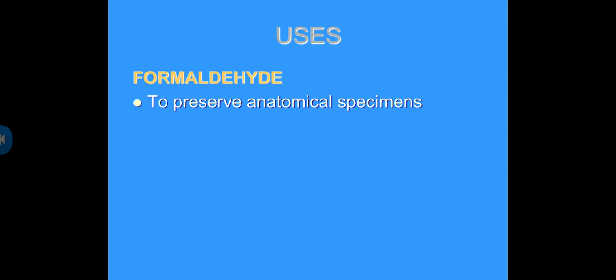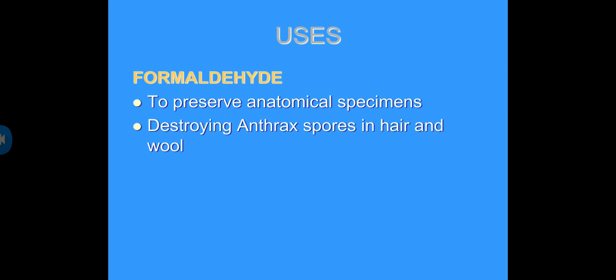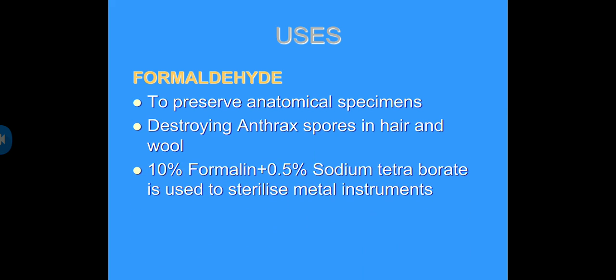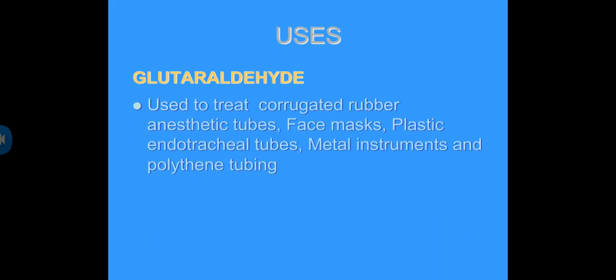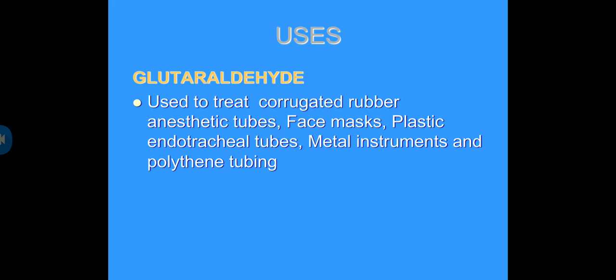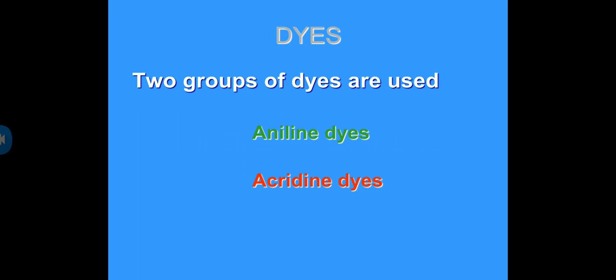Formaldehyde is used to preserve anatomical specimens and to destroy anthrax spores in hair and wool. 10% formalin plus 0.5% sodium tetraborate is used to sterilize metal instruments. It's used to treat corrugated rubber, anesthetic tubes, face masks, plastic, endotracheal tubes, metal instruments, and polythene tubing.